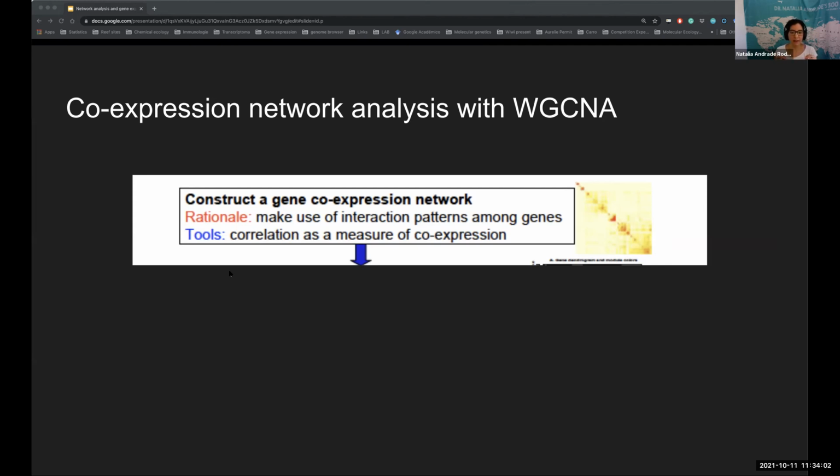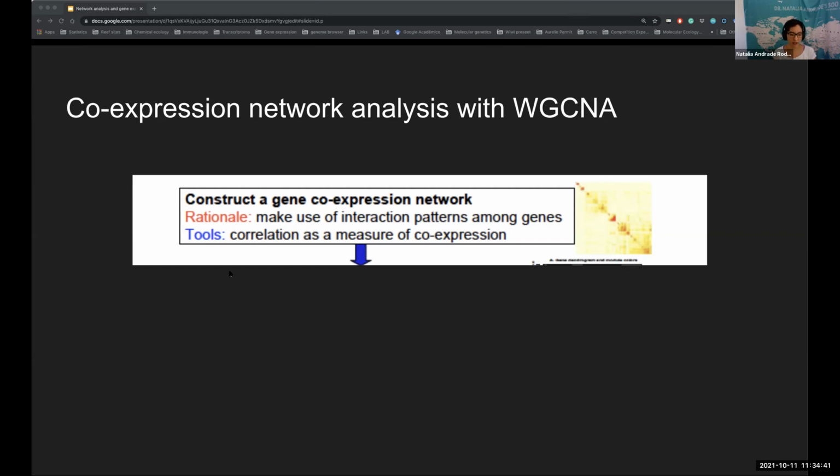This step, in the WGCNA tutorials, is just announced, they just say you have to do this, but actually it's very tricky to go through cleaning your data and deciding which data you are going to give to WGCNA or any other package to build your network, because you have to decide which elements and which samples you want to give to your network.